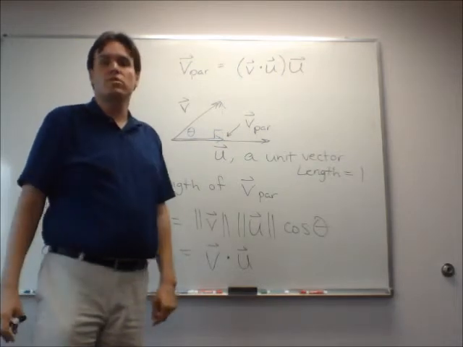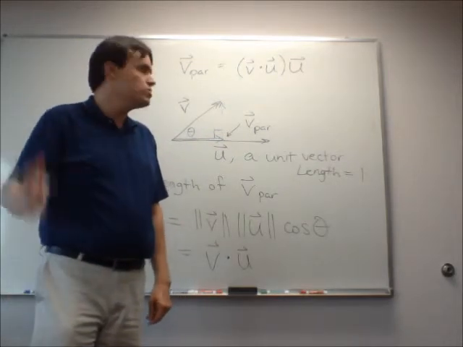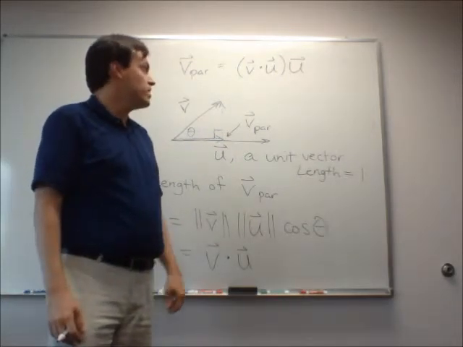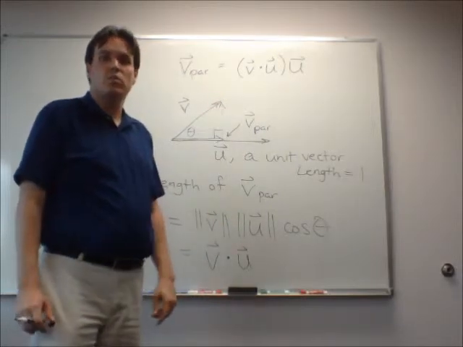Now that assumption that u is a unit vector is important because I could very well ask you a question where you have to project v onto something that isn't a unit vector. What do we do then?